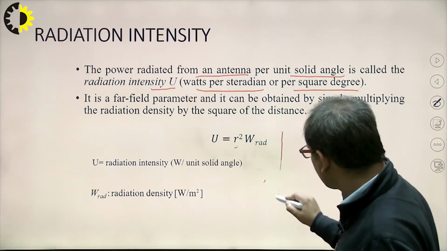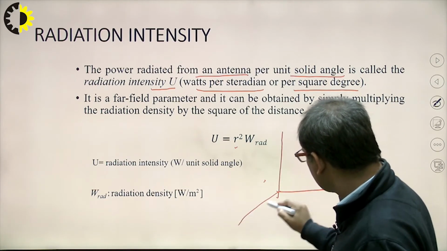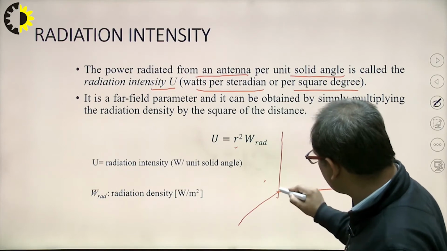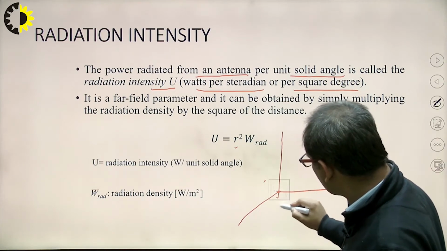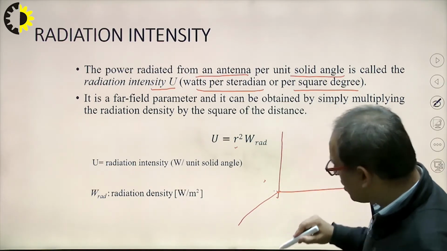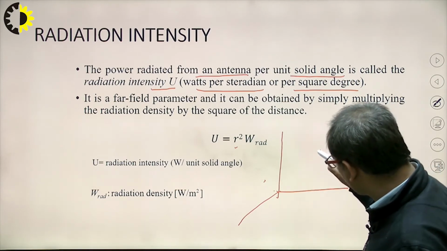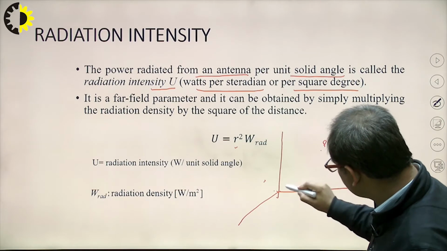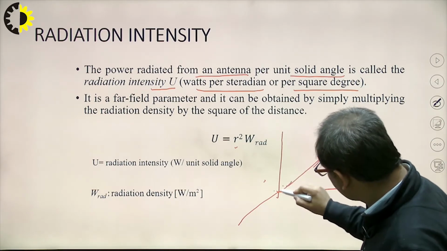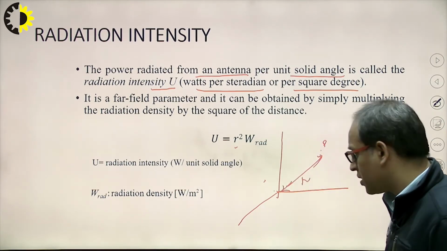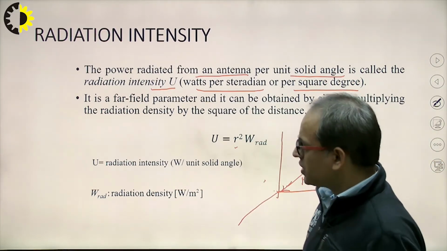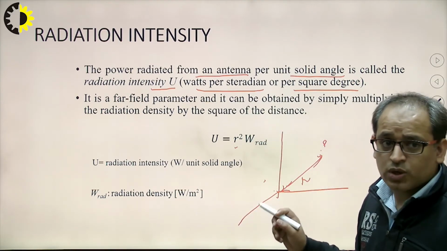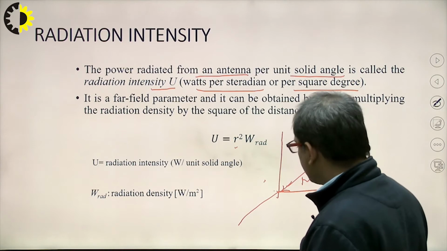If the antenna is placed here, this is the origin, and this is the observation point, so the distance between them is r. So radiation intensity equals r square multiplied by radiation density.